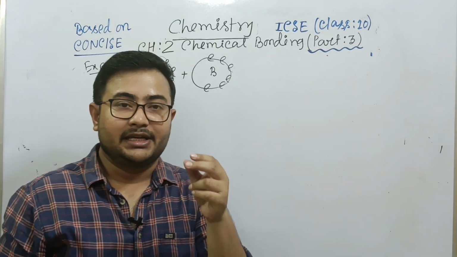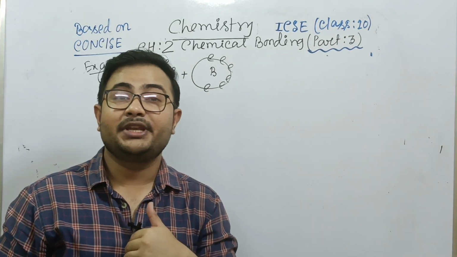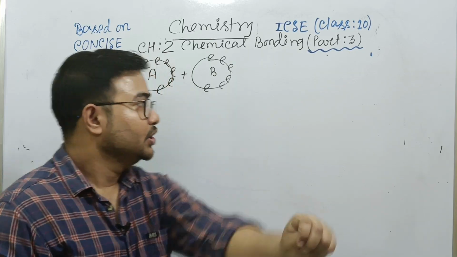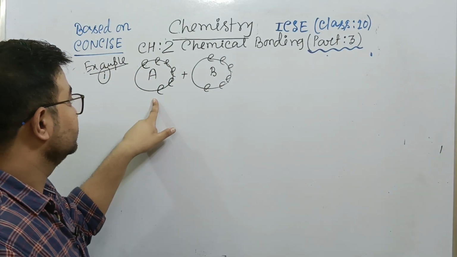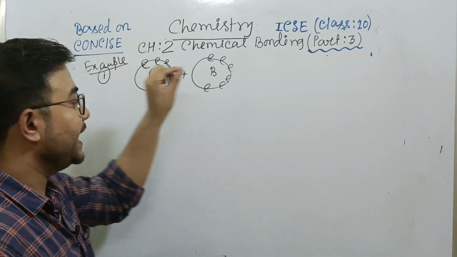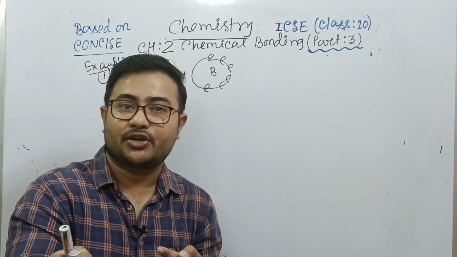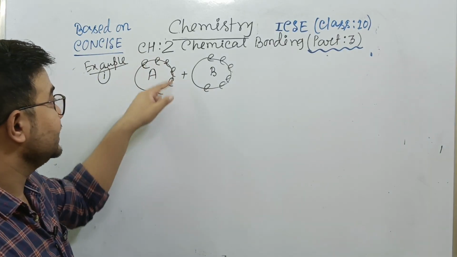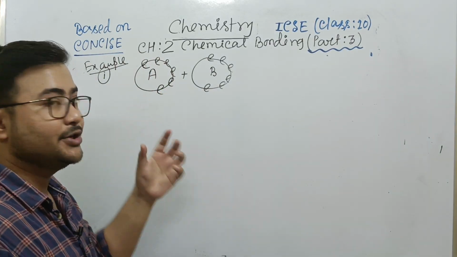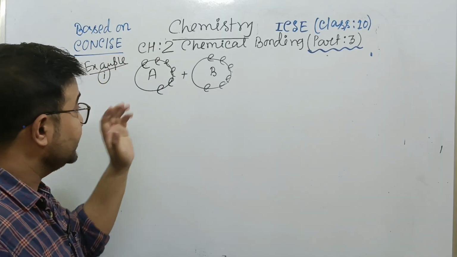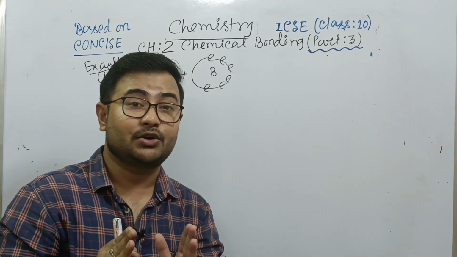Now tell me, they will try to accept how many electrons? 2. So tell me, do A and B both have a tendency to lose electrons, yes or no? No, because 6 electrons are already present, so they try to accept 2 electrons. Look at the board and try to understand the concept properly.